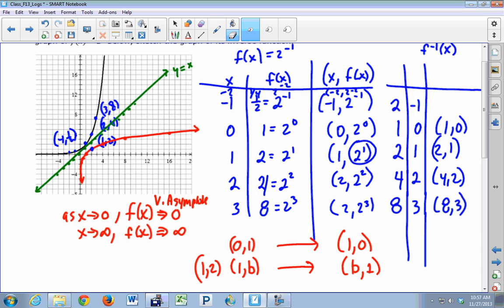We have (1/2, -1). And then (-2, 1/4) becomes (1/4, -2).